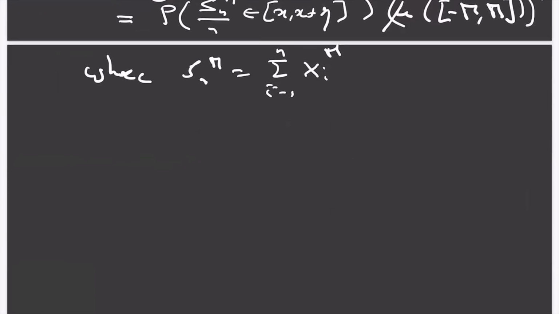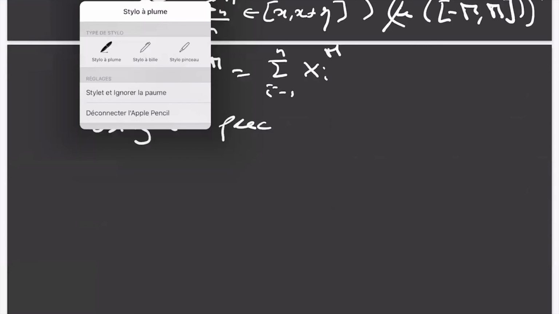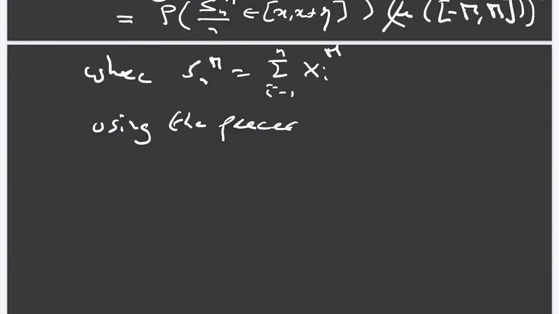So now we can use the preceding result on the truncated variables.